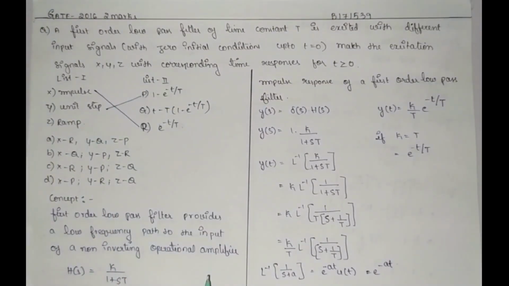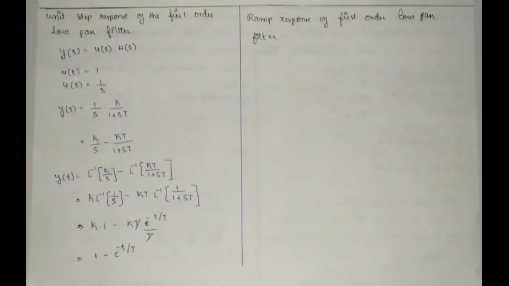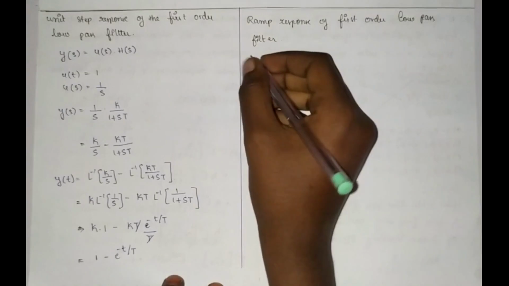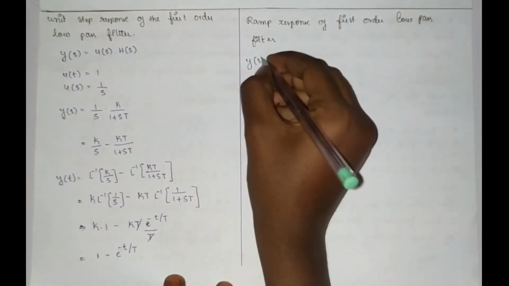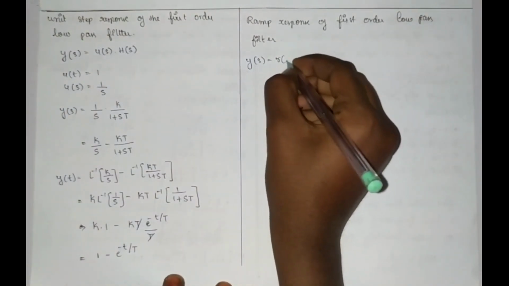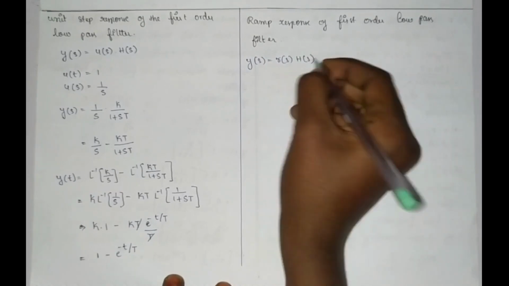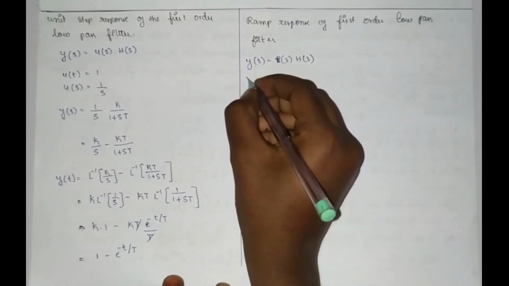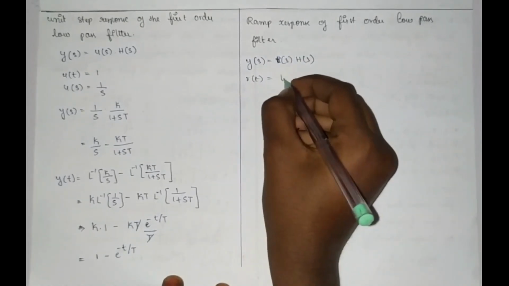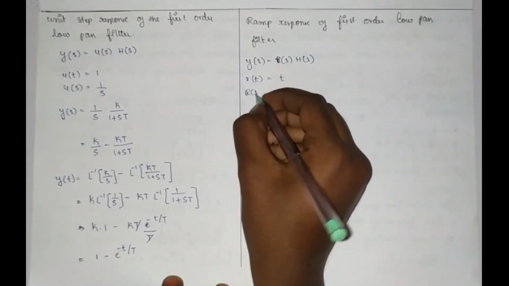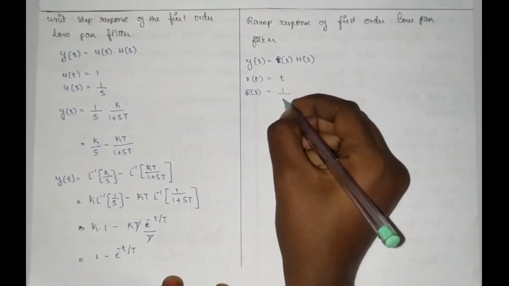Now, let's find the ramp response of first order low pass filter. We know that Y of s is equal to R of s into H of s. r of t is equal to t and R of s is equal to 1 by s square.